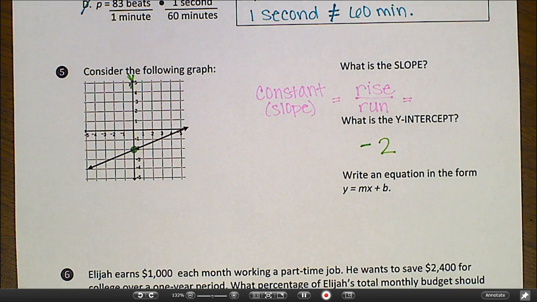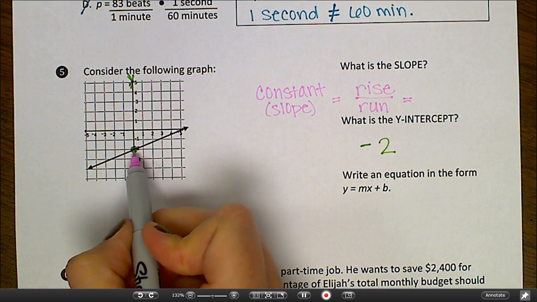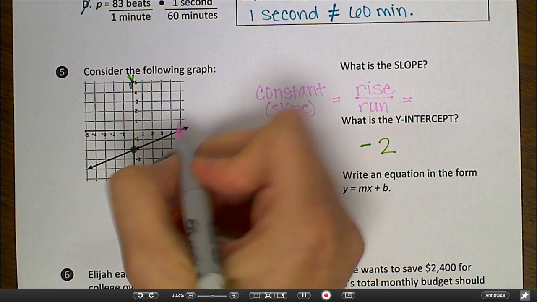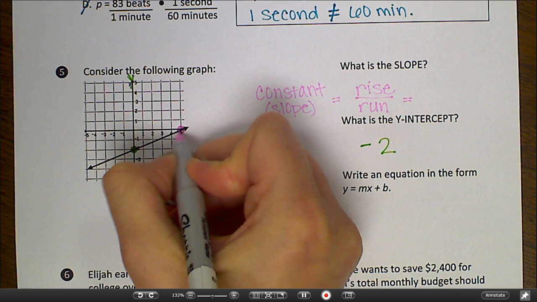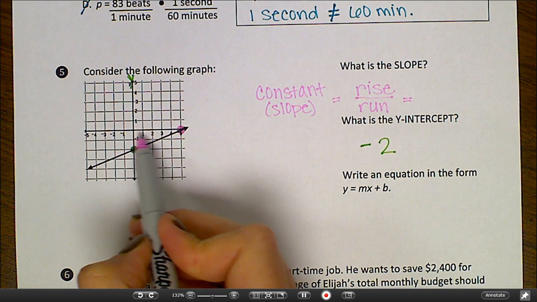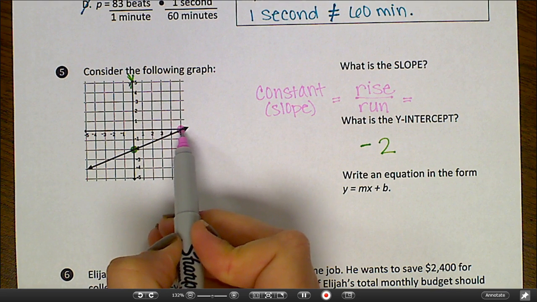So we're just going to pick a point on the graph, and it's usually easiest to start at the y-intercept. And then we're going to figure out another point on the graph that's easy to look at. So I'm going to use this one. I just want to see how much do I rise and how much do I run to get to this new point.